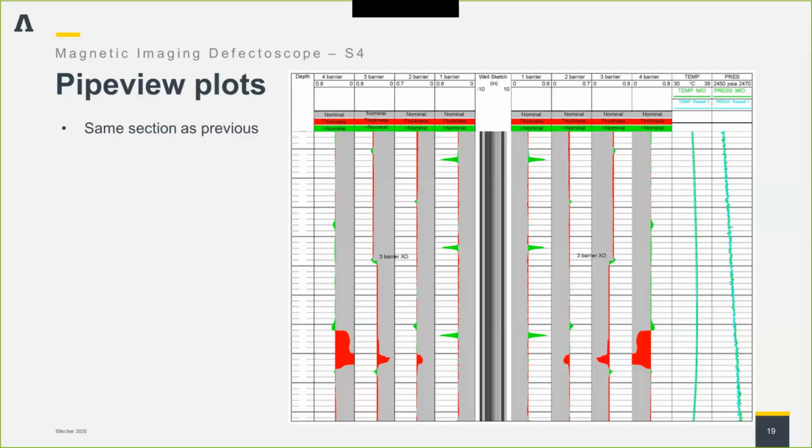So if we just use the nominal, some joints may have areas where it is slightly heavier. So that's generally what we will see. I don't know if that answered the question or not.